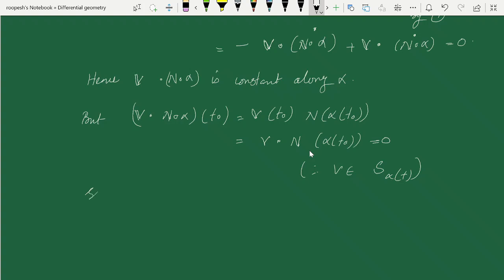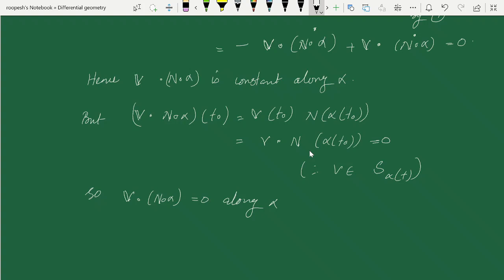So what you have is V dot n composition alpha is equal to 0 along alpha.